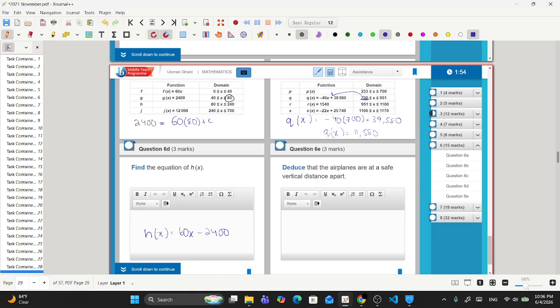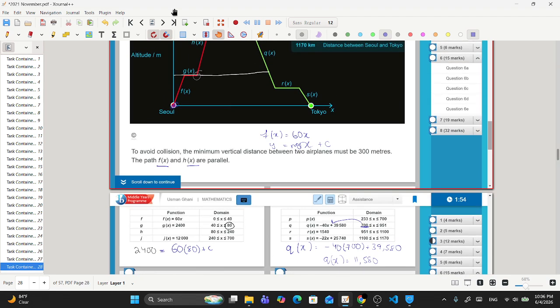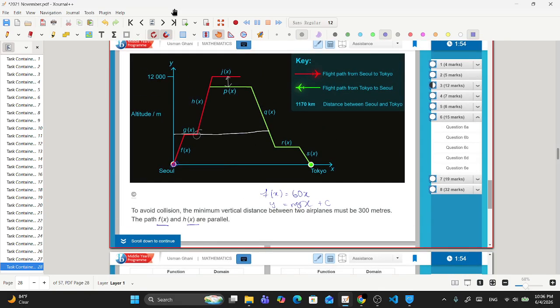Okay, now what? P of x is also 11,580, and look, this is the distance, right? This is the point. P of x is also supposed to be the same value as Q of x here, 11,580.